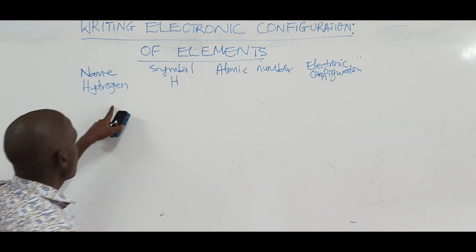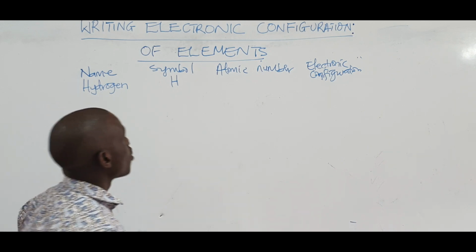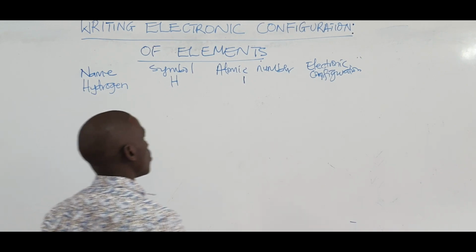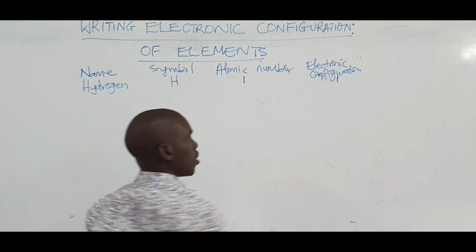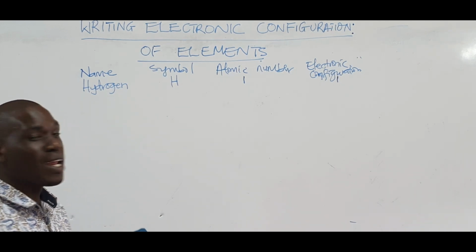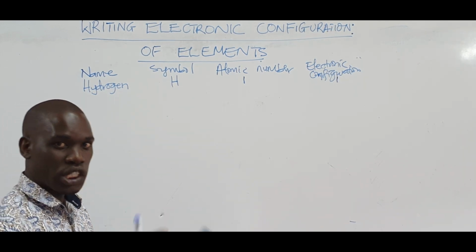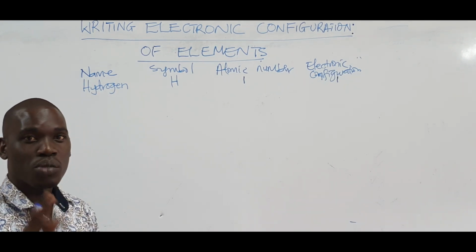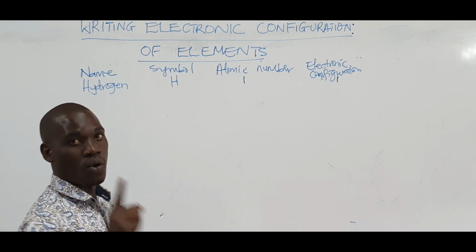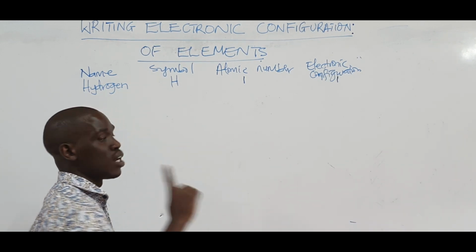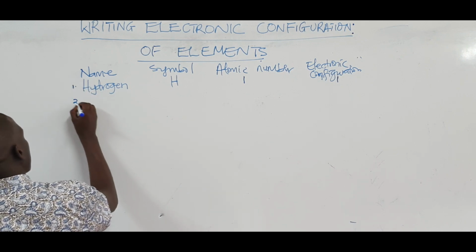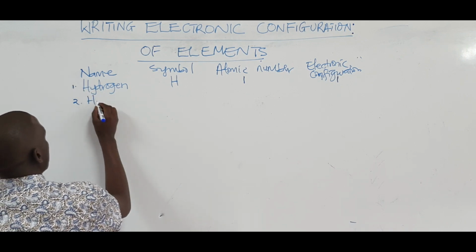So, hydrogen has atomic number 1. The configuration will also be 1, because that one electron is on only one shell. The first shell has a maximum of 2 electrons, but hydrogen has got only 1 electron, so we shall only have 1 shell.